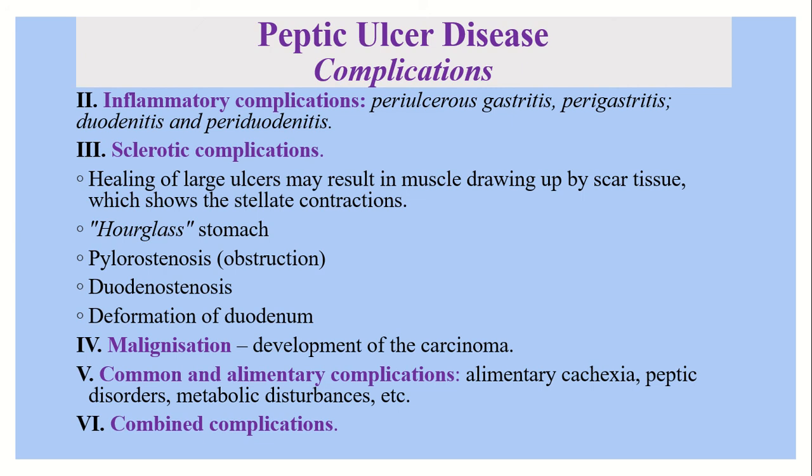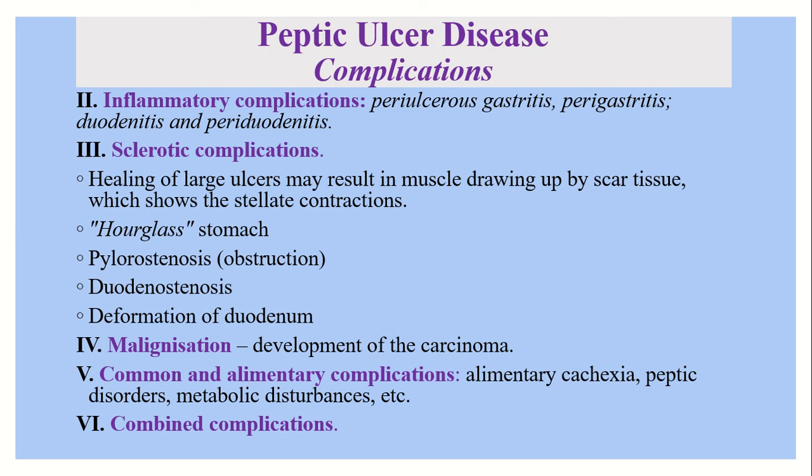When the ulcer is healing, it can result in muscle drawing up by scar tissue that shows the stellate contractions. Also, hourglass stomach that is found during the radiologic X-ray examination of the stomach. Pyrostenosis, obstruction, this is also the sclerotic complications. Duodenostenosis, and the deformation of the duodenum.